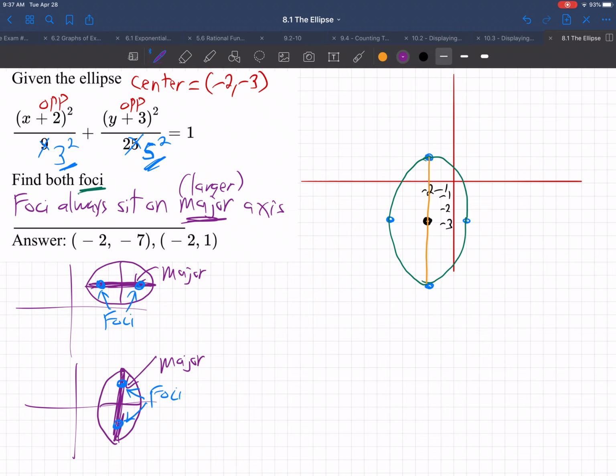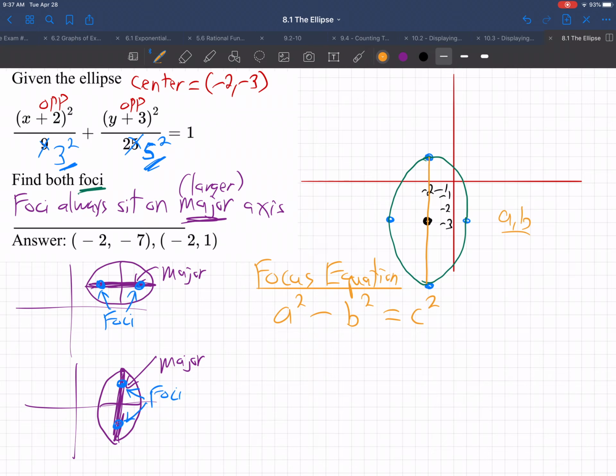Now, how do you find the focus points? Well, we have a focus equation. So this is what you want to put in your notes for the next exam. The focus equation is the Pythagorean theorem, but with a minus in the middle instead of a plus. A squared minus b squared is c squared. But that is going to be no good to us if we don't know what a, b, and c are.